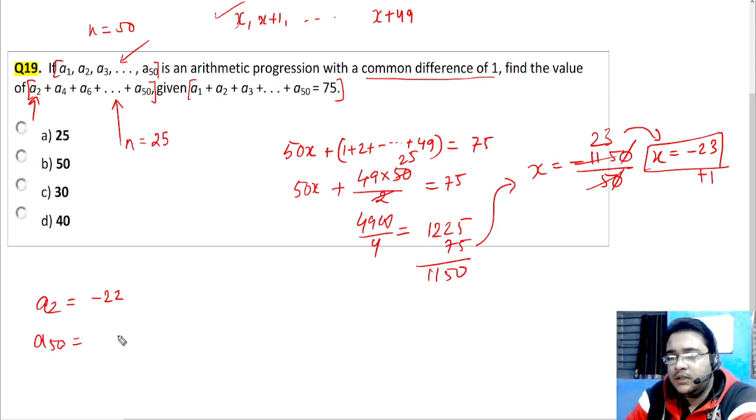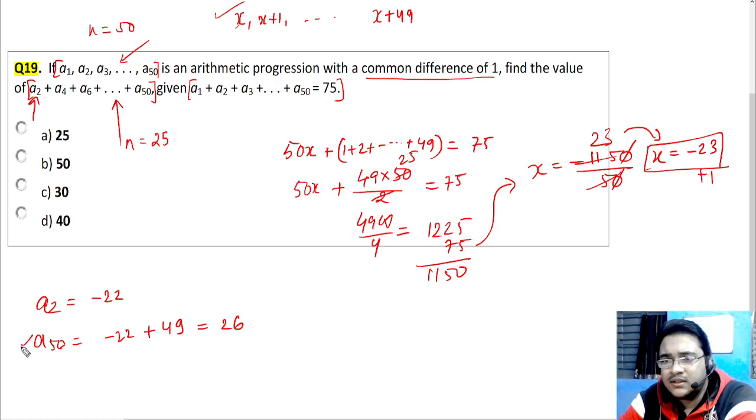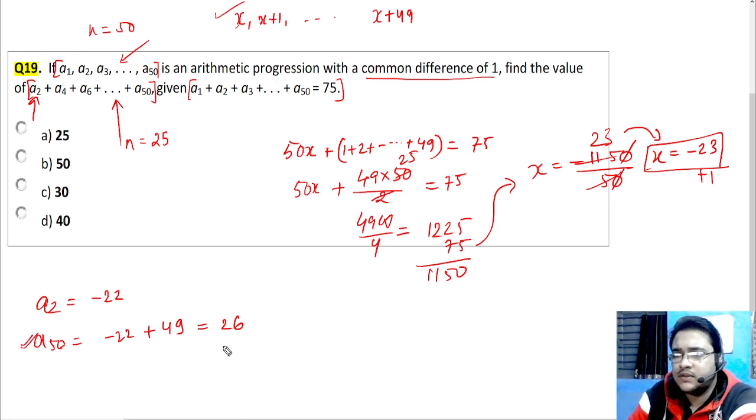So a50 will be given as minus 22 plus n minus 1 times d, that is the formula. n minus 1 is 49 and d is 1, so subtracting 22 from 49 gives me 26. This is pretty straightforward.